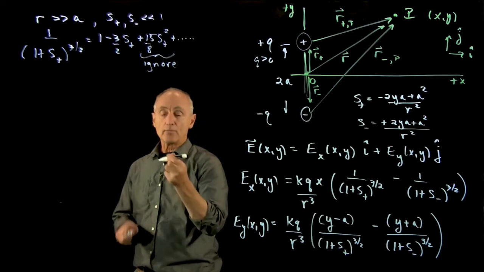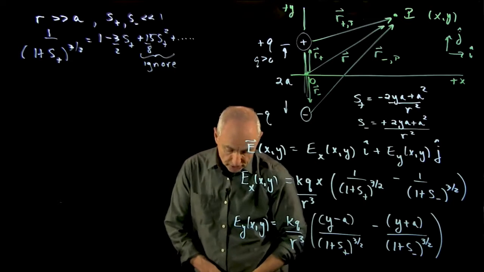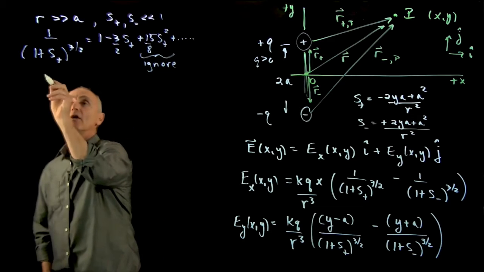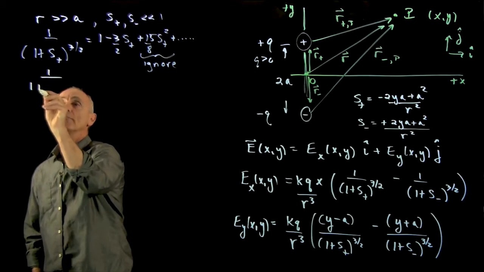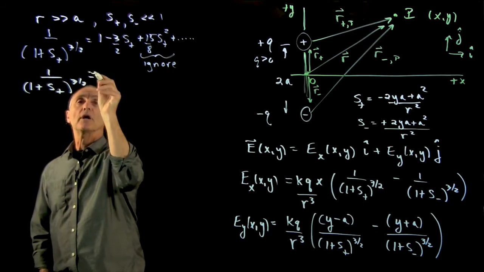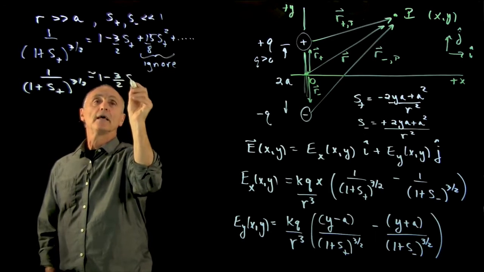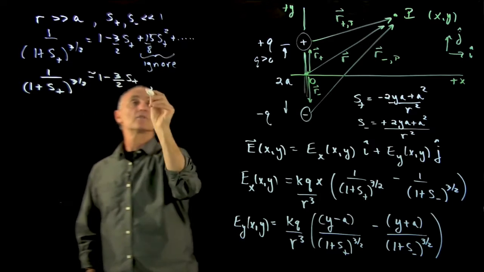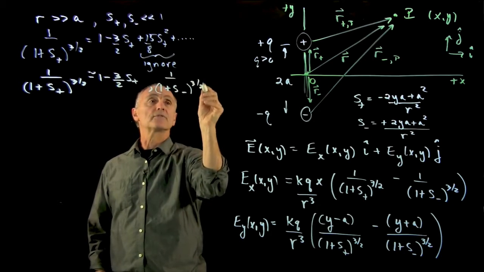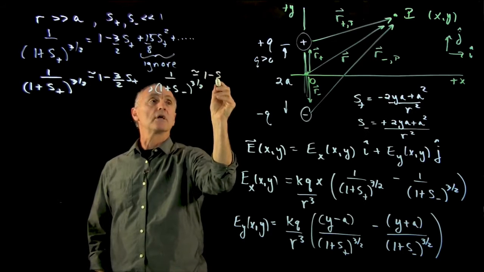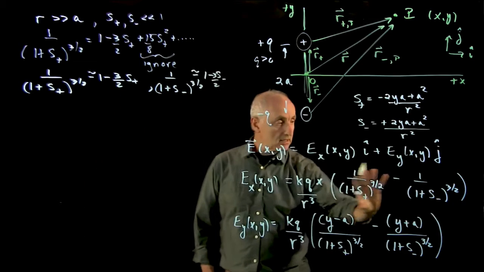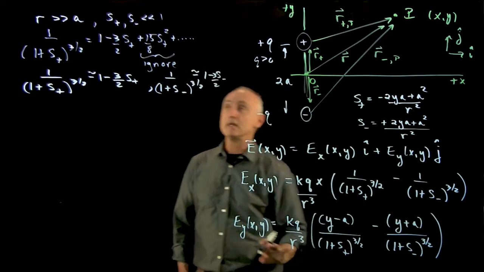And by ignoring that term, we can write out our expansion in the following way. We have that 1 over 1 plus s plus to the 3 halves is approximately 1 minus 3 halves s plus, and similarly 1 over 1 plus s minus to the 3 halves is approximately 1 minus 3 halves s minus. And now we can treat each of these terms separately in the expansion.